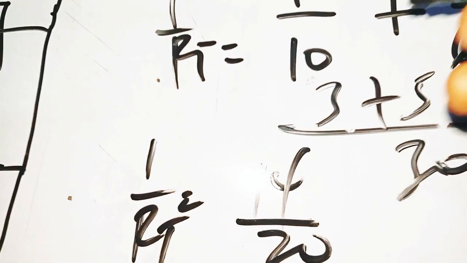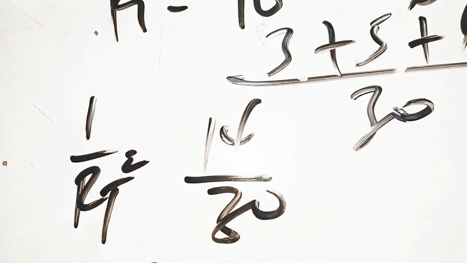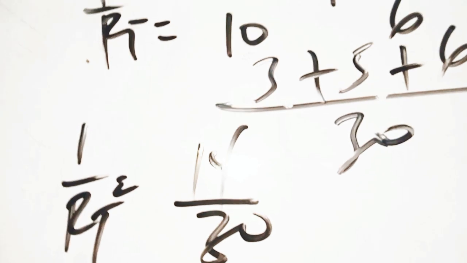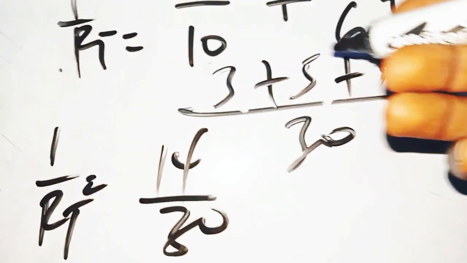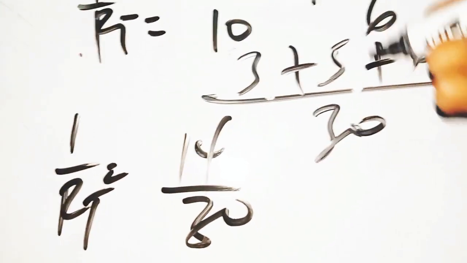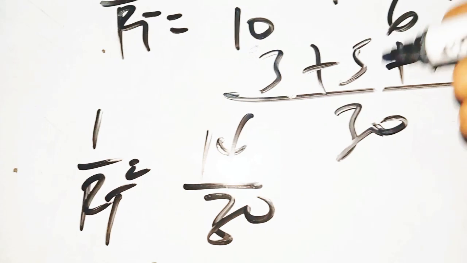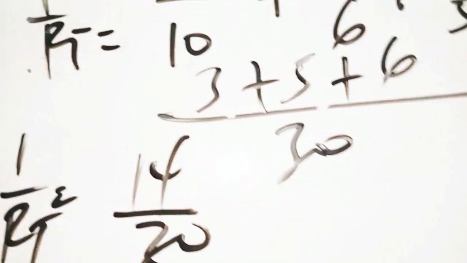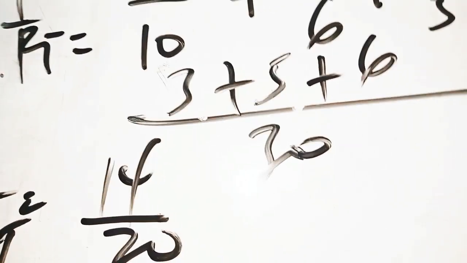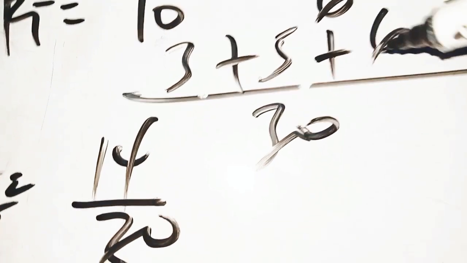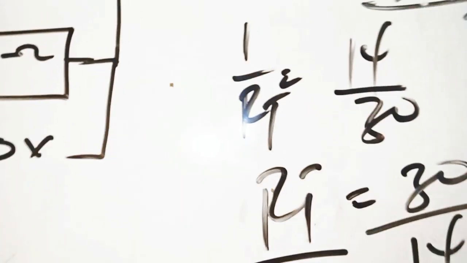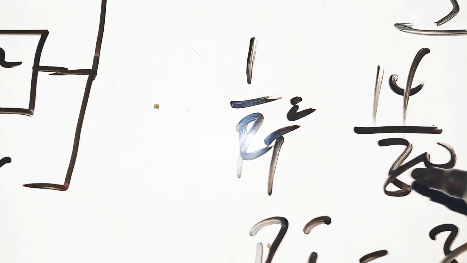So 10 goes into 30 3 times. So 3, 1s are 3. So we have here plus 5 over 30. So 6 goes into 30 5 times, so 5 over 30. So 5 goes into 30 6 times, so 6 over 30. So here we reciprocated it.